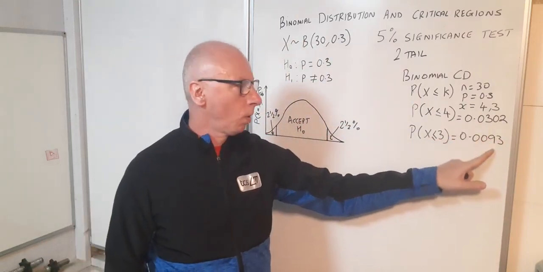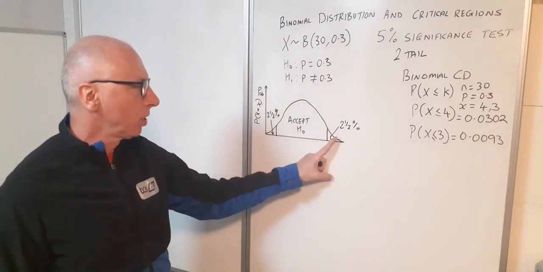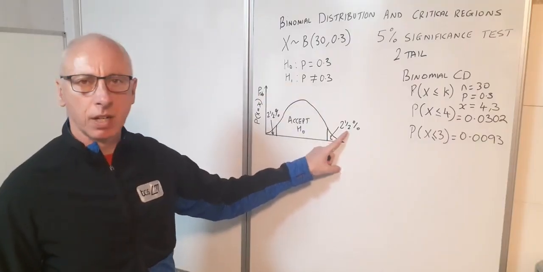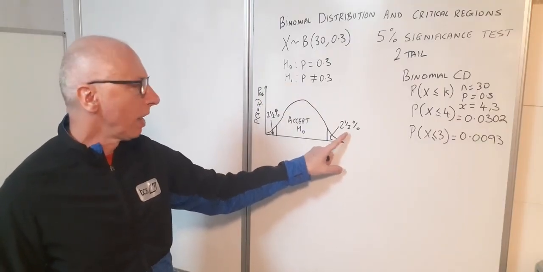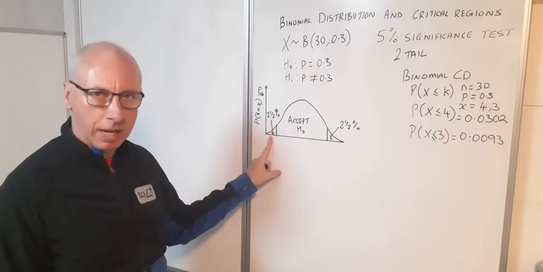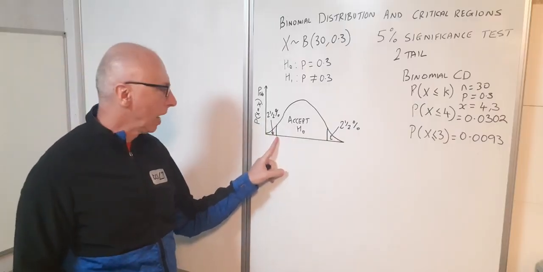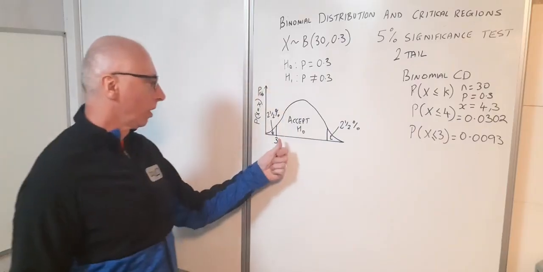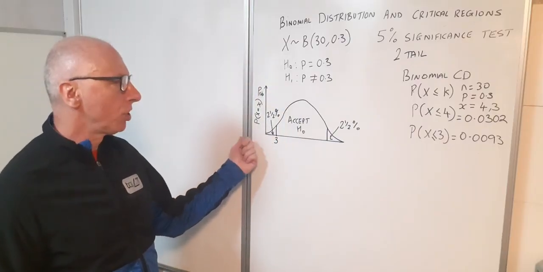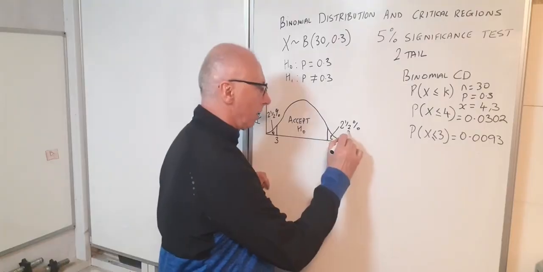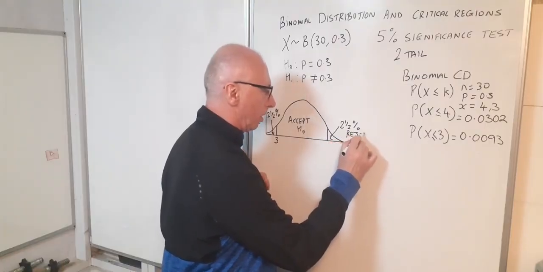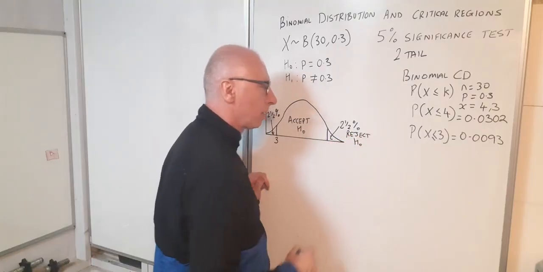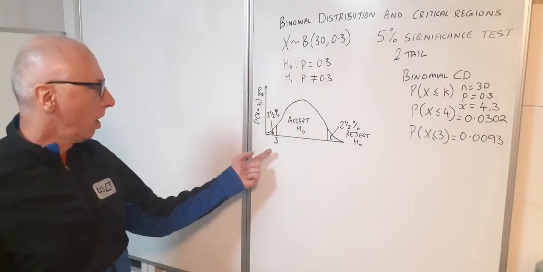That's now less than 1%, and that falls within our 2.5% critical value. So therefore, in the lower tail, this value here is going to be 3. So that's going to be our rejection region. So that's where we reject the null hypothesis. Okay, so that's our lower bound.